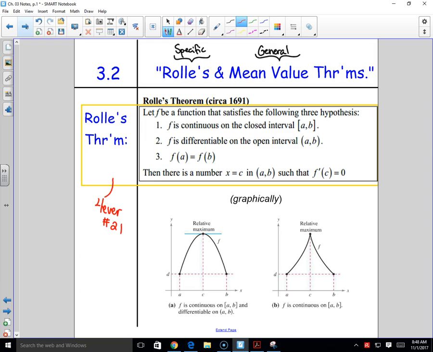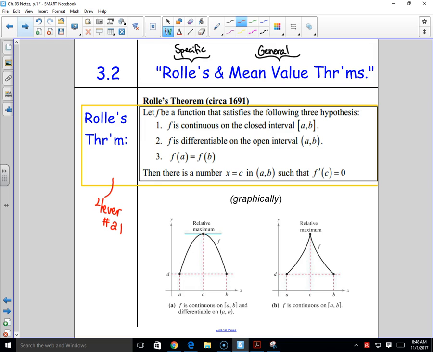I need you guys to help me visualize, okay? We can't have holes at the endpoints, aka it needs to be continuous on the closed interval, no holes at endpoints. I can't have any sharp points in between, aka it must also be differentiable in between the endpoints. I don't care about at the endpoints, that's just continuous, no holes at the endpoints. Derivative I need in between, open. Differentiable in the open interval.